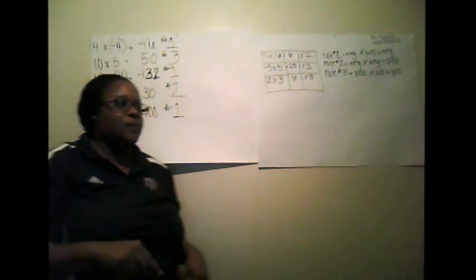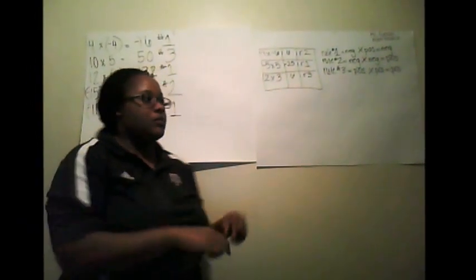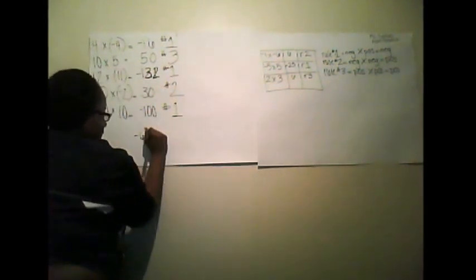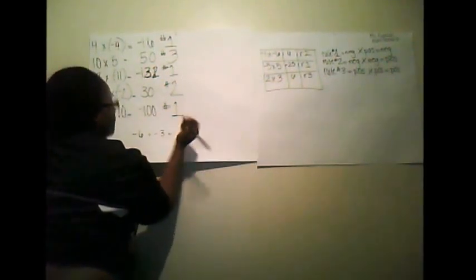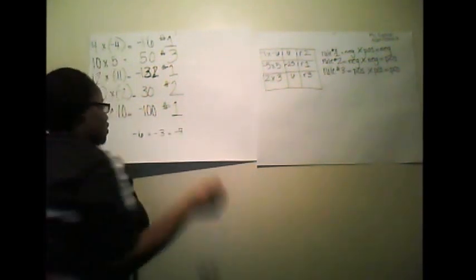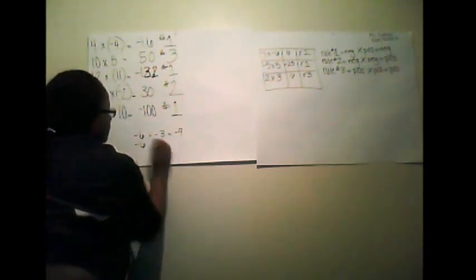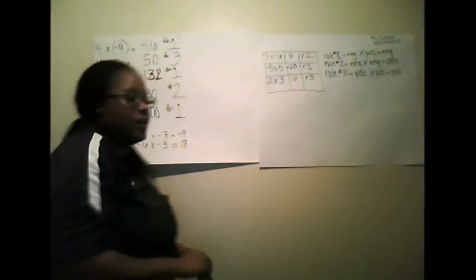An example of the addition rule would be negative 6 plus negative 3 equals negative 9. Good job. Now give me an example of the multiplication rule. Negative 6 times negative 3 equals a positive 18. Very good.